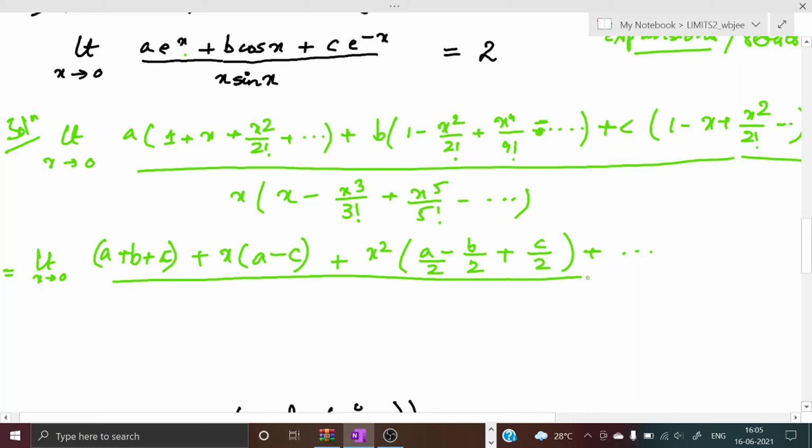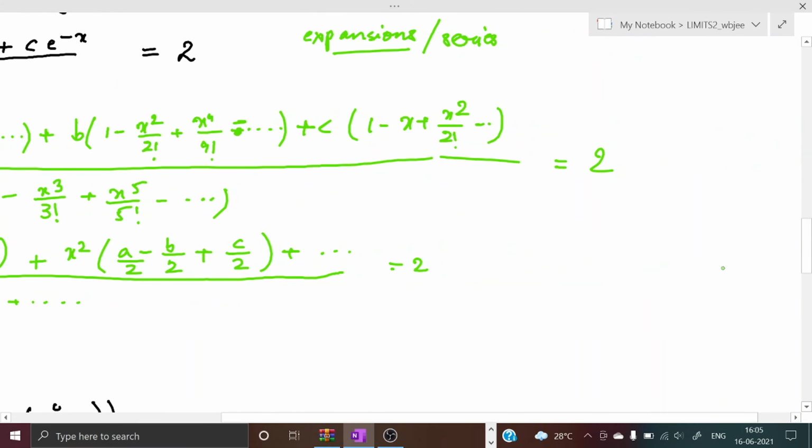So here you will get x square, x to the power 4 by 3 factorial, x to the power 6 by 5 factorial, and so on. So here you will get x square minus x to the power 4 by 4 factorial, and so on, equals to 2. So since it is equals to 2, this means that the limit exists.